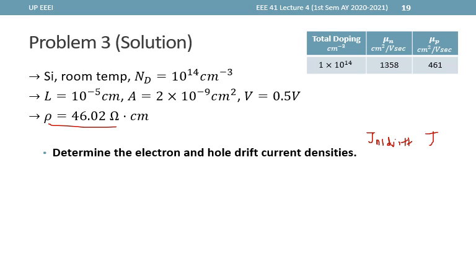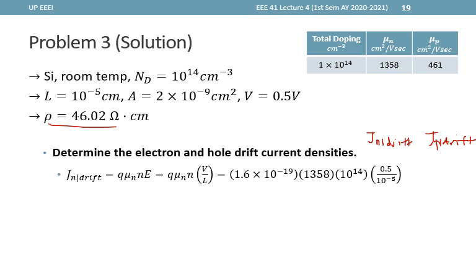So first, we have this formula for the drift electron current density. So we already know q to be 1.6 times 10 raised to the minus 19. Mu n is simply 1358. Now n, we can approximate that to just be equal to 10 raised to the 14 since Nd is much greater than Ni.